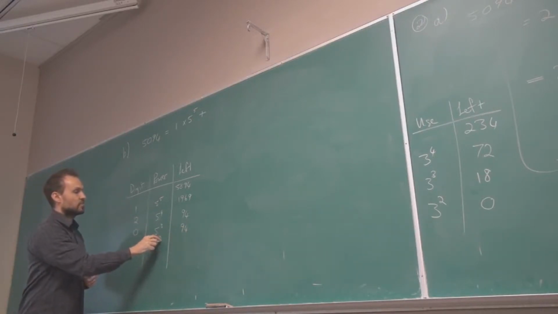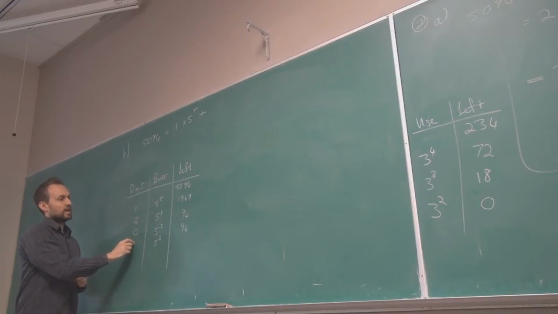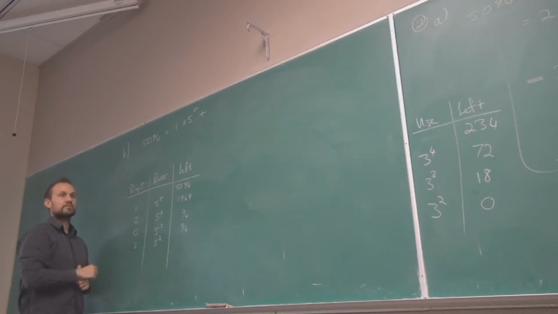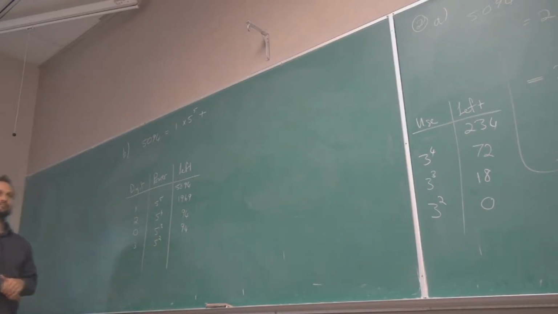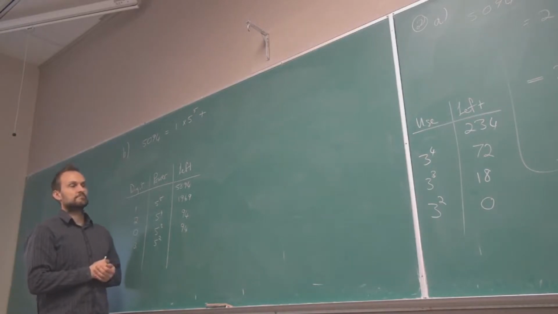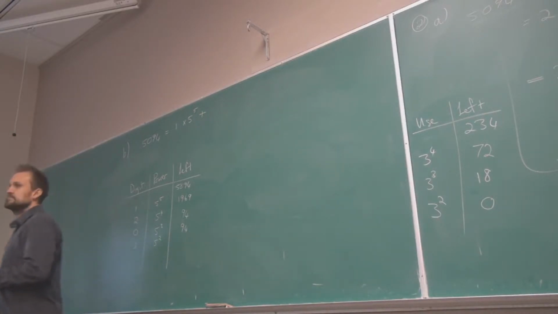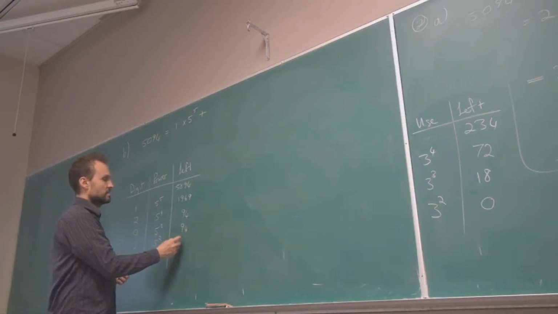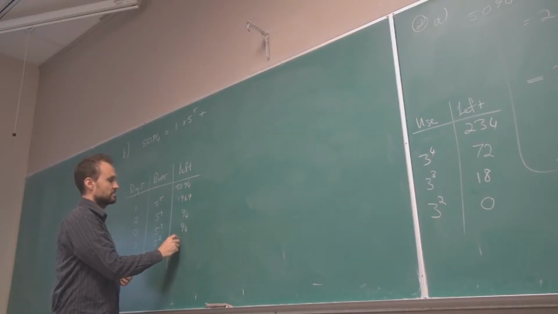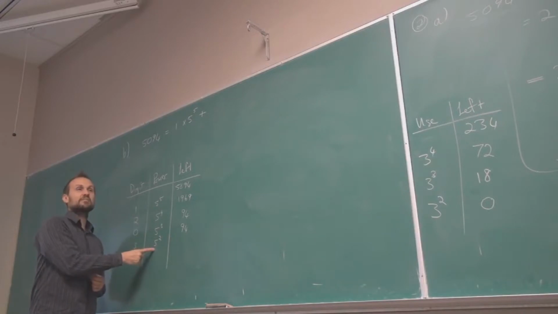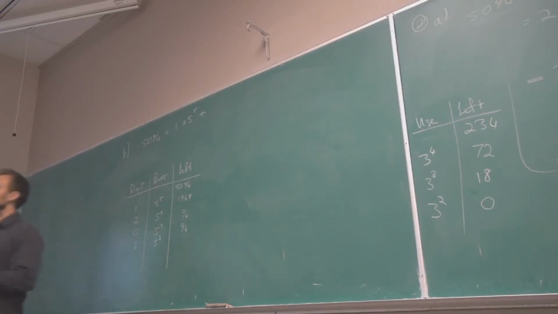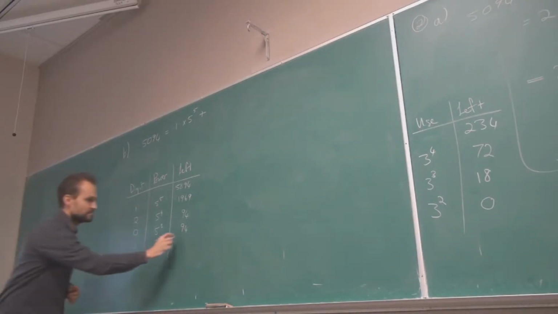So I go to 5 squared, which is 25, and I can fit in 3 of them for a 75. 3 25s is 75. 94 minus 75, 19.